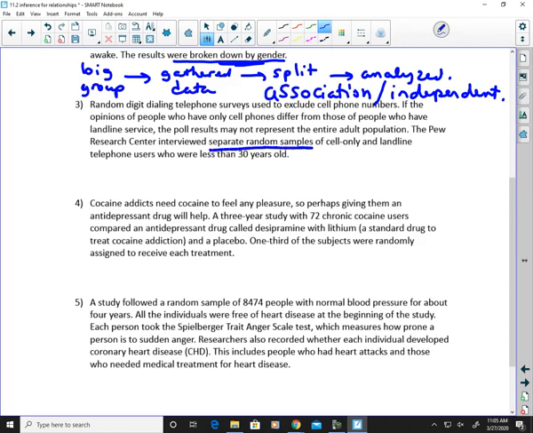Separate random samples, cell phone only, landline, separate, then gather your data: homogeneity. Cocaine addicts: separating the people into their treatments.